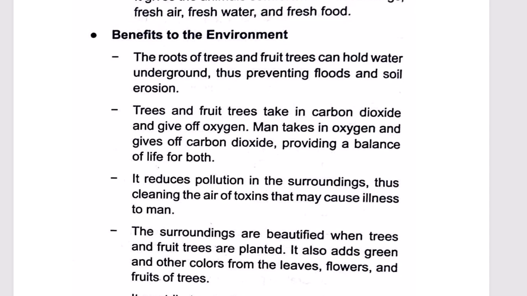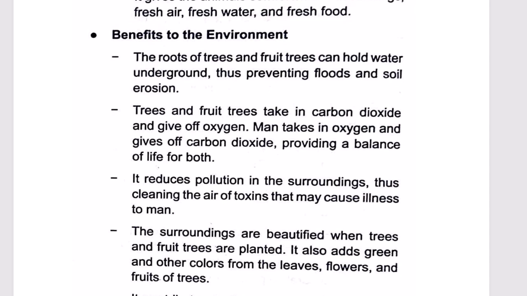But these trees and fruit trees take in carbon dioxide, which is our waste product, and they give off oxygen, and that's the air that we breathe. So man takes in oxygen and gives off carbon dioxide, providing balance of life for both.